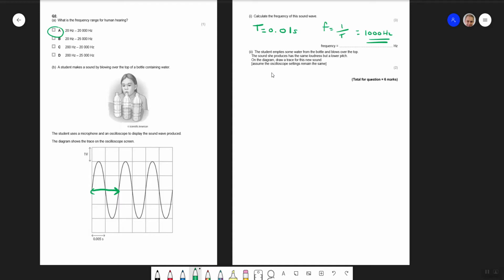The student empties some water from the bottle and blows over the top. The sound produced has the same loudness but a lower pitch. On the diagram, draw a trace of this new sound. So remember, same loudness means we're going to have the same amplitude, and lower pitch means we see fewer waves.